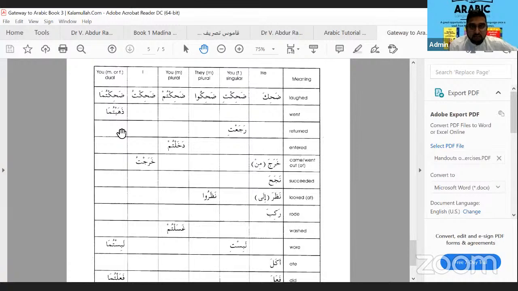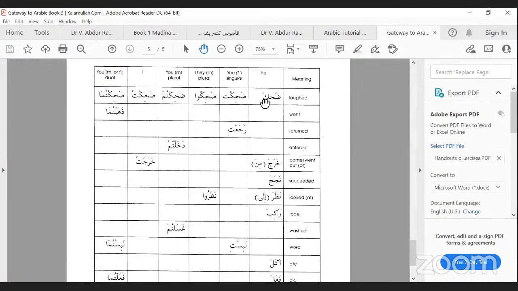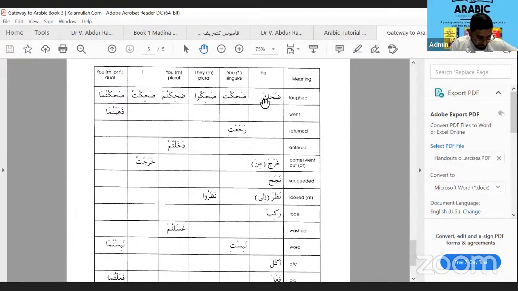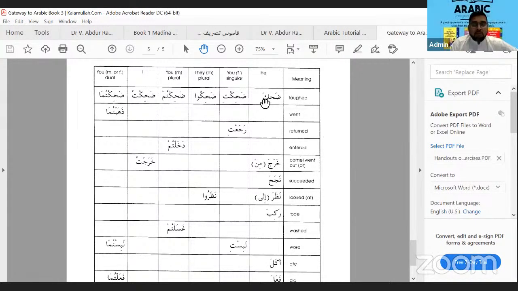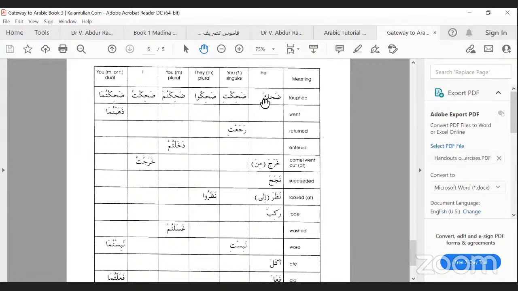And do you have any questions? No. I want you to do this one here as well. This first column. Dhahika, what does that mean? He laughed. Next one. Dhahikti, what does that mean? You laughed, feminine. And read the Arabic as well. ضحكتي. Next one. ضحكوا.